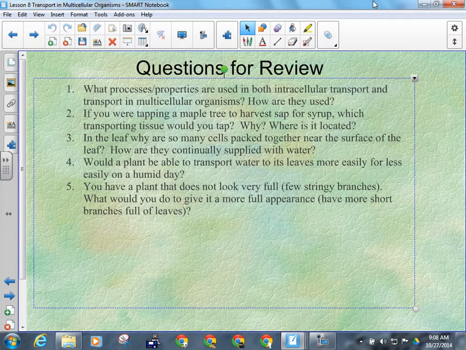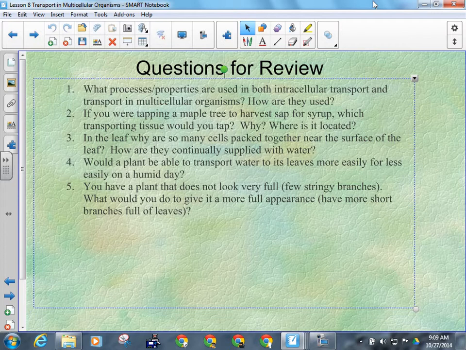Well, right underneath them is what layer? Remember what the layer under the palisade layer was called? A spongy layer, and in the spongy layer is where the xylem comes in. The xylem and the phloem both come in there. Well, the xylem supplies water to the spongy layer, and then from the spongy layer it can diffuse into the cells in the palisade layer.